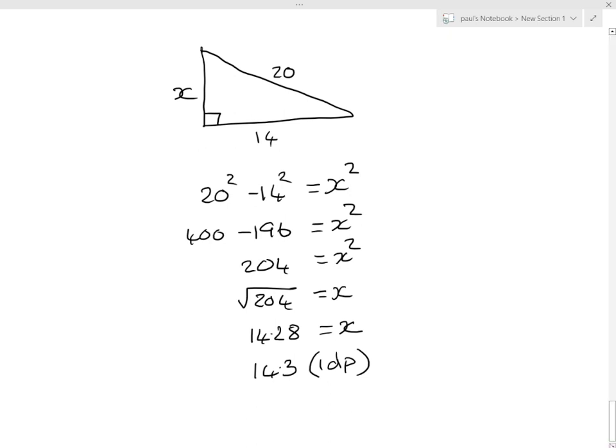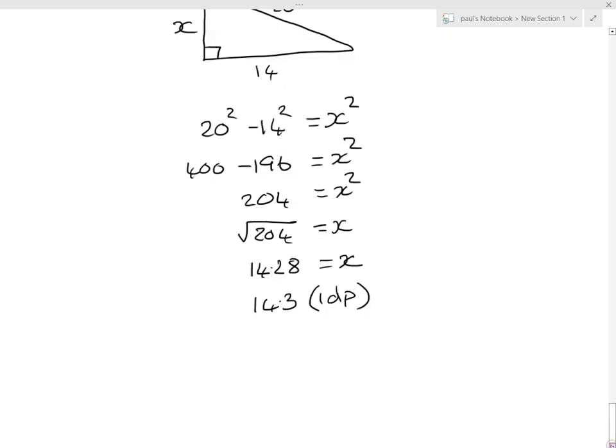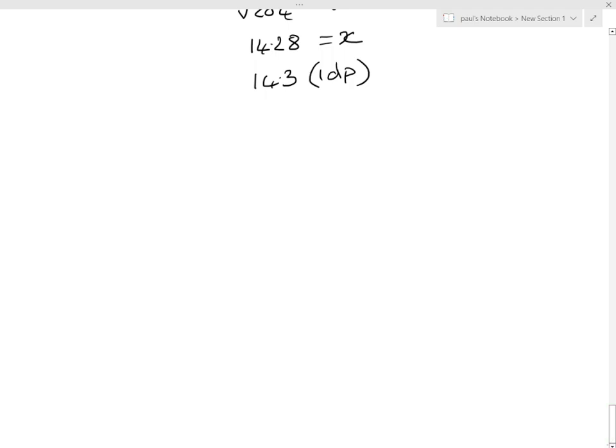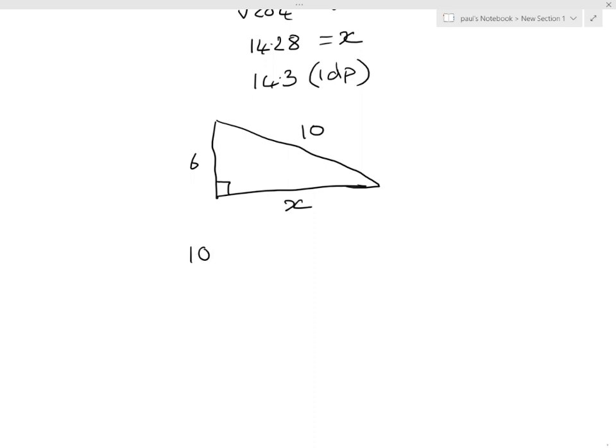Now if you got to find the other short side, it's exactly the same thing. So don't worry about it. So we've got that one, we've got that one, and we need to know that one this time. So now it's the big squared minus the small squared equals the unknown squared.